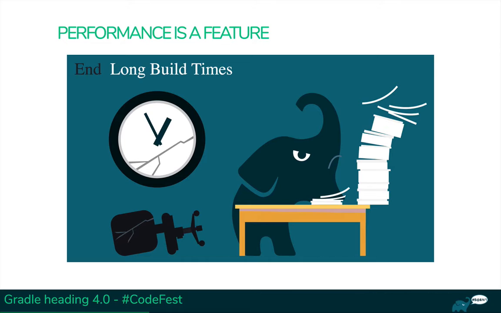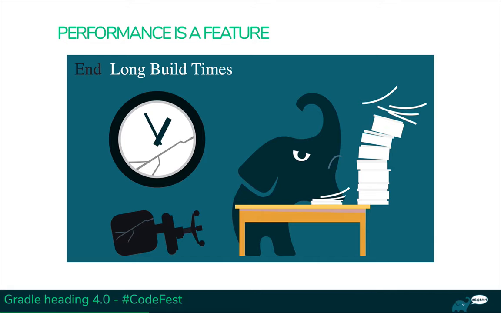So we, as Gradle engineers, consider performance really as a feature. The reason for that is that the performance aspect of your build is significant because it defines how you use your build.